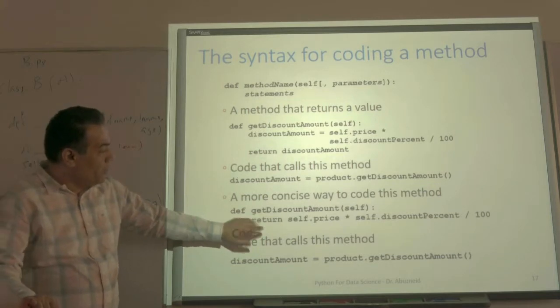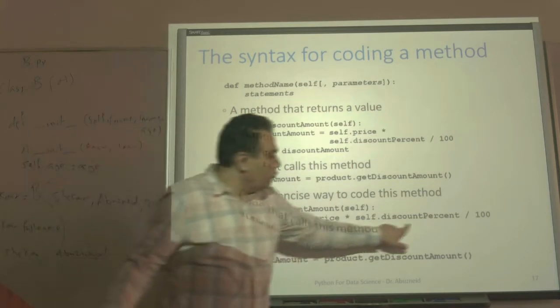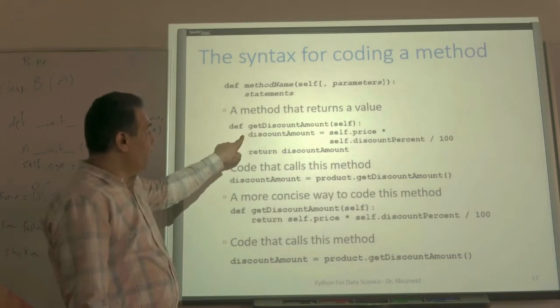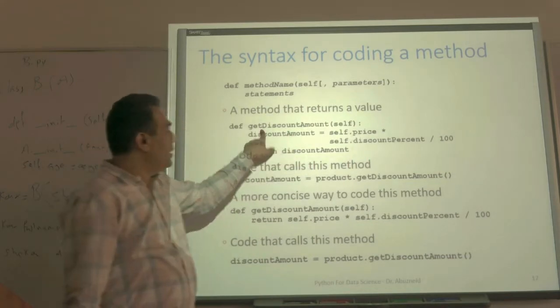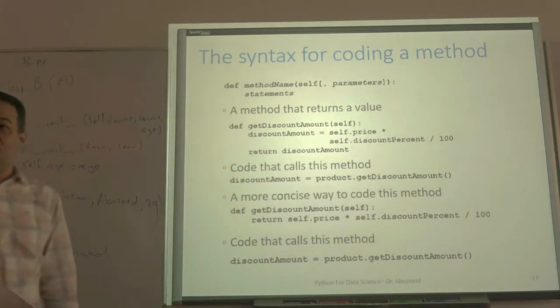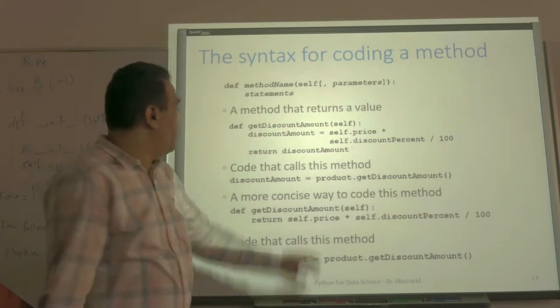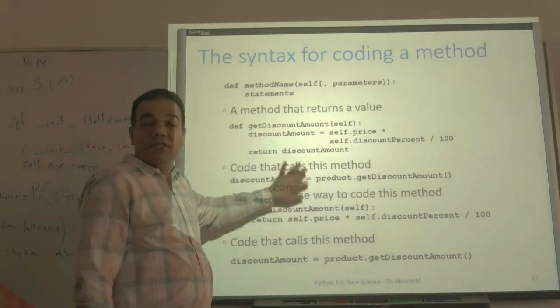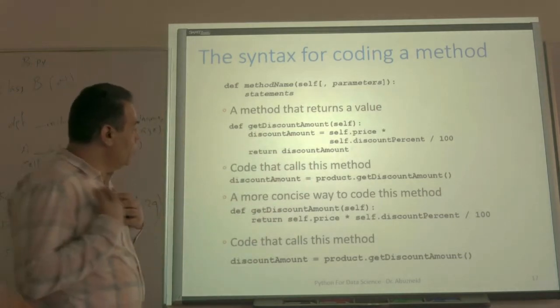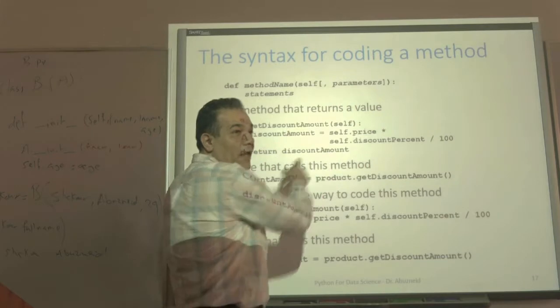A more concise way to code this method is like this. Right away return, and after the return, you write the equation. Before, we created the equation, then we passed the variable; we created an extra variable. Now, which one is better, this or this? Myself, I like to return a simple value.